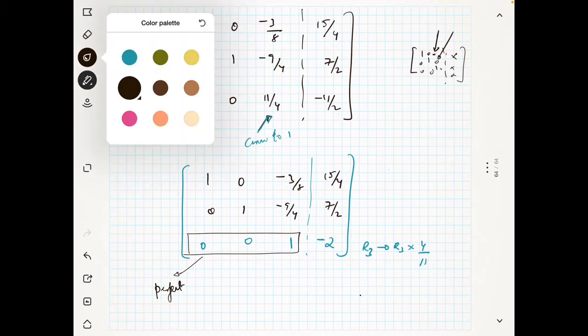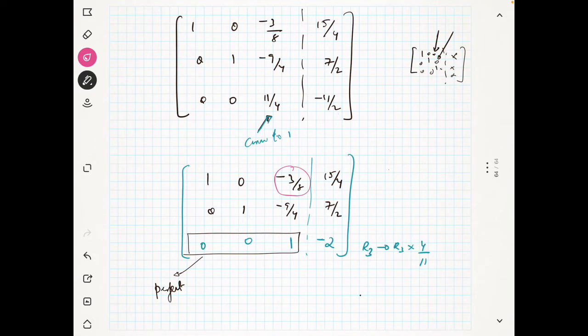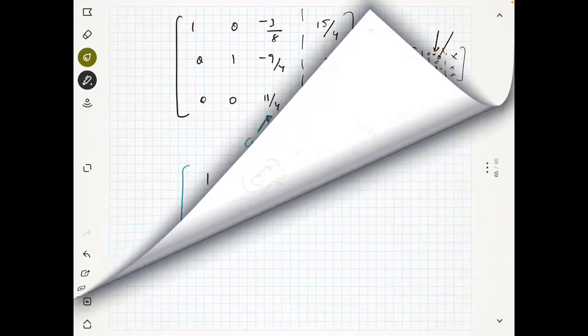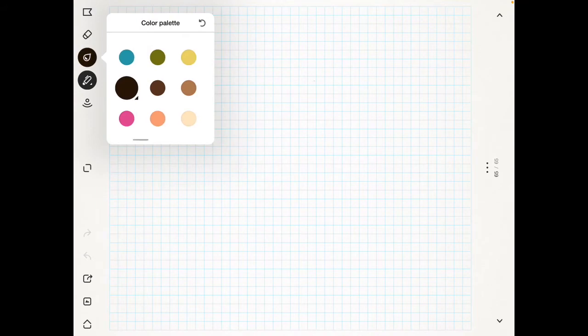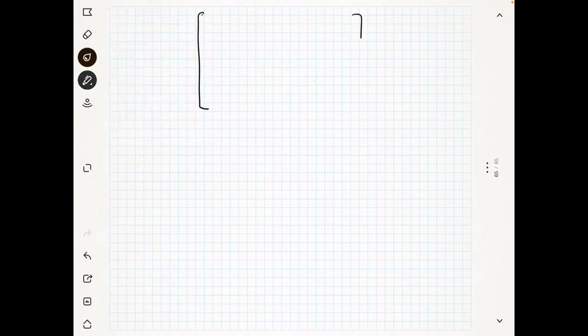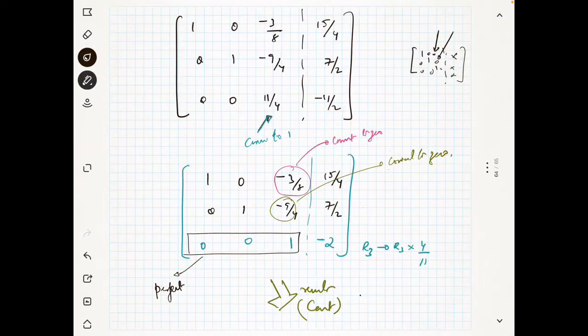But you see the other two, this one is not 0, so I need to convert this into 0, and this one also I need to convert to 0. So I will rewrite this matrix again first and continue.